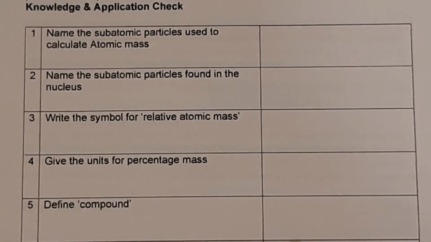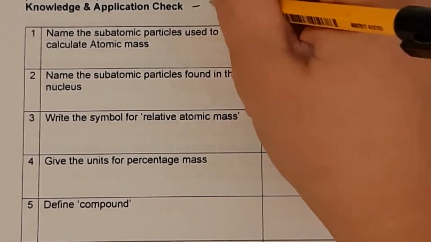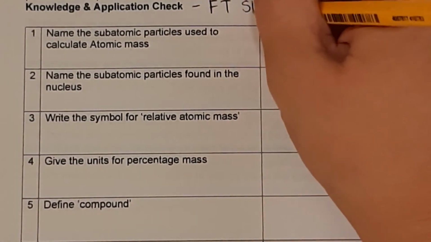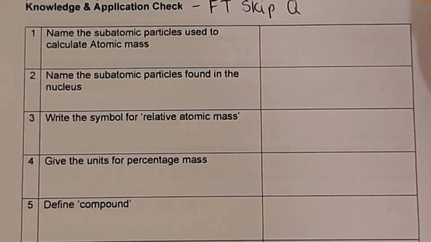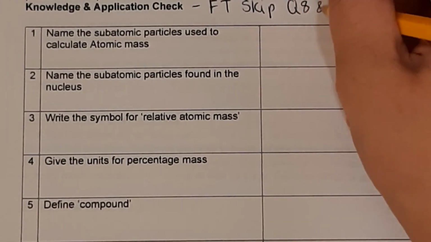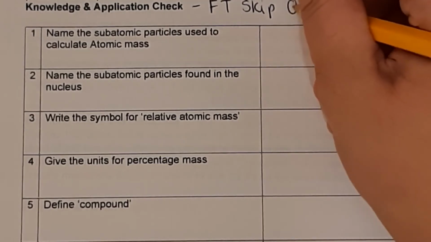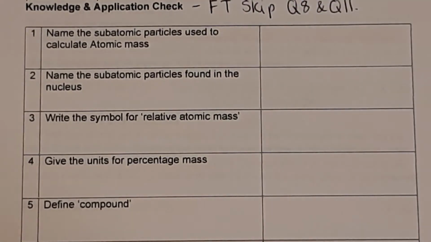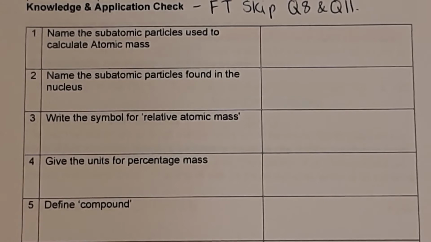They will be reviewed at the end of this lesson, and foundation tier students can skip questions 8 and 11. Okay, so if you're a foundation tier student, don't worry about question 8 and question 11. Okay, and that will be found at the end of the lesson. You will need to fast forward to that point in the lesson.